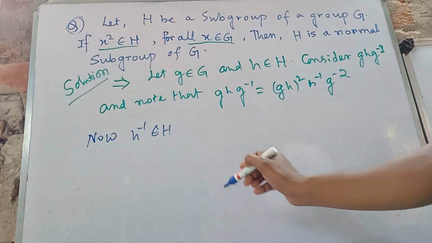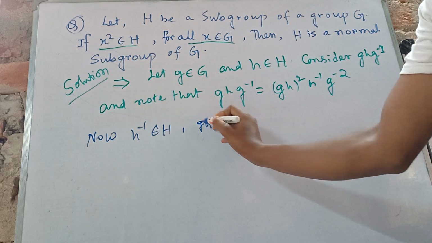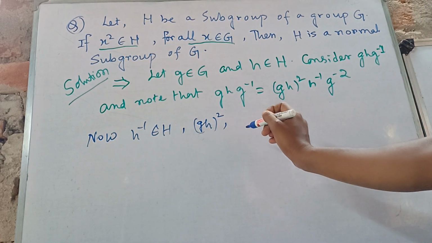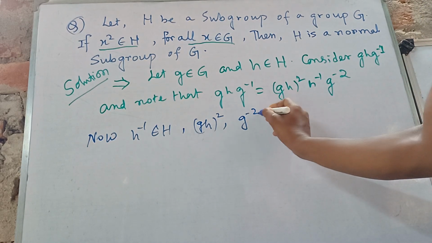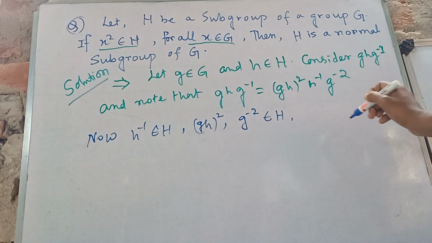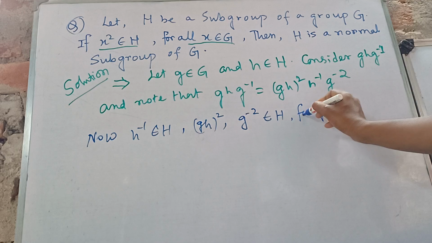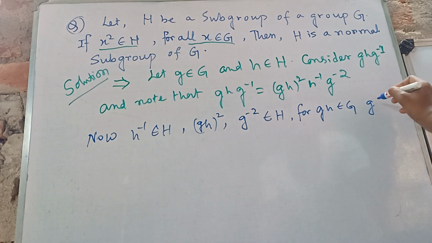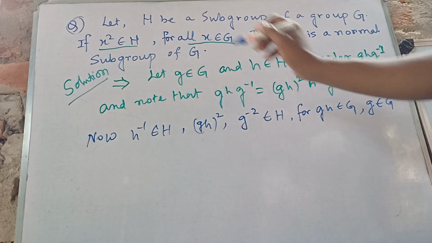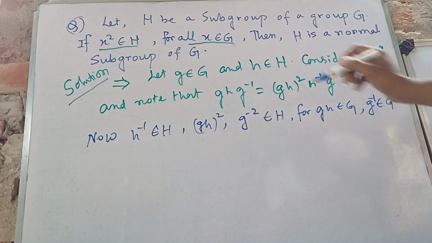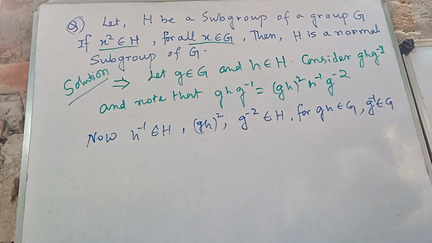And (gh) square and g to the power minus 2, this one belongs to H. Why? gh belongs to G and g inverse belongs to G. So this one happens: (gh) whole square and g inverse square belongs to H.